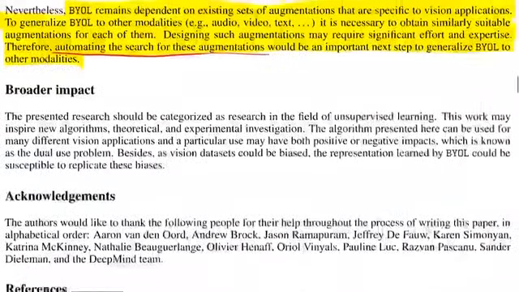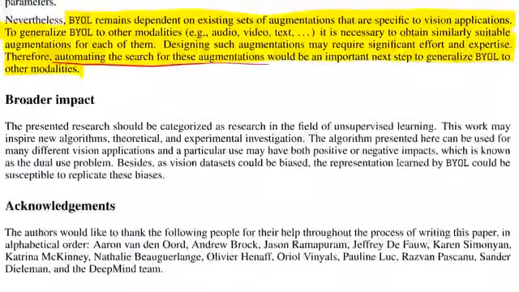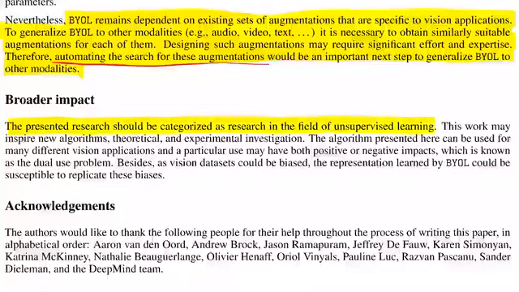So, oh yes, the last thing, broader impact statement. Just read this, try to estimate the perplexity of this broader impact statement. Let's go. The presented research should be categorized as research in the field of unsupervised learning. This work may inspire new algorithms, theoretical and experimental investigation.